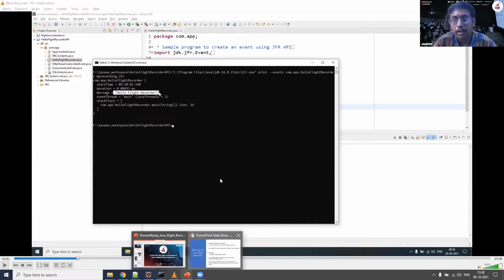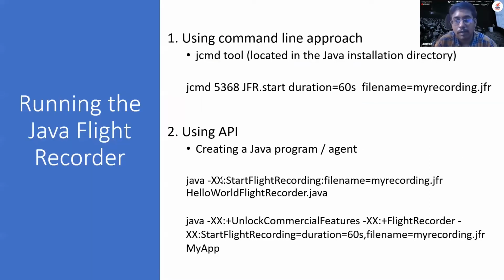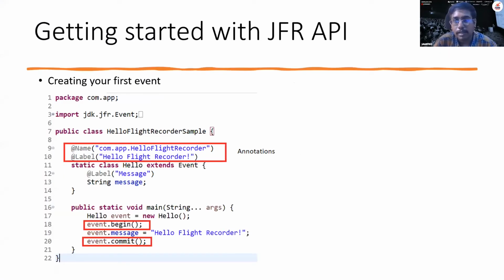Now, coming back to the presentation, we saw that we were able to use the Java Flight Recorder to start a particular program and to run the program, which uses the Java API. Now, what is the output of this? The output is something called a JFR file or a flight recording file. Before we go to that, we also need to understand the different annotations that I had mentioned.